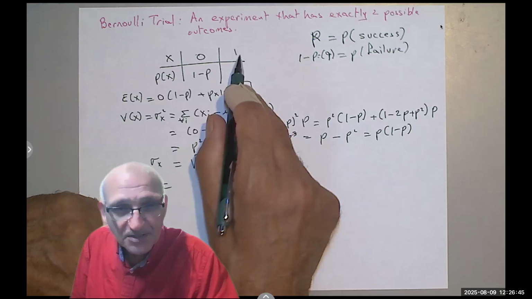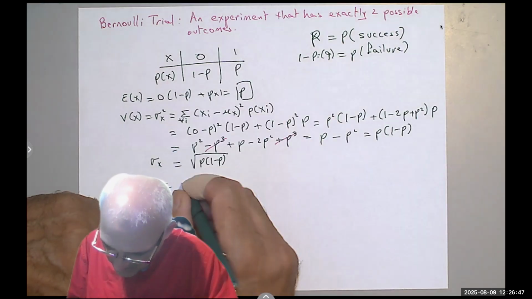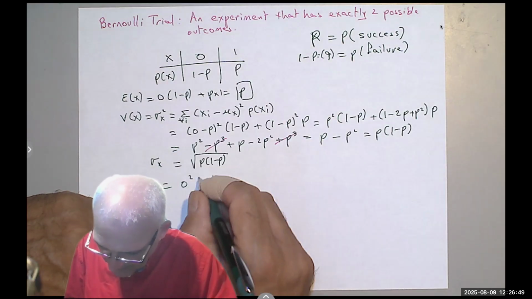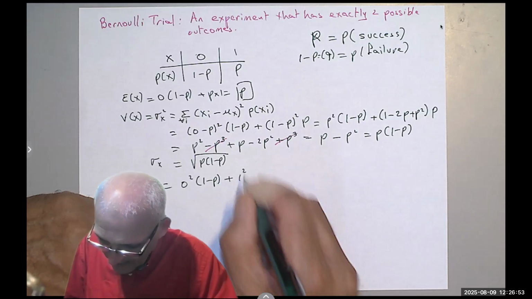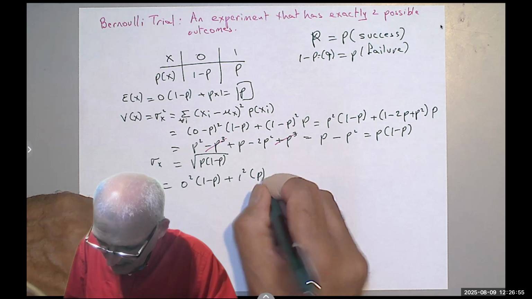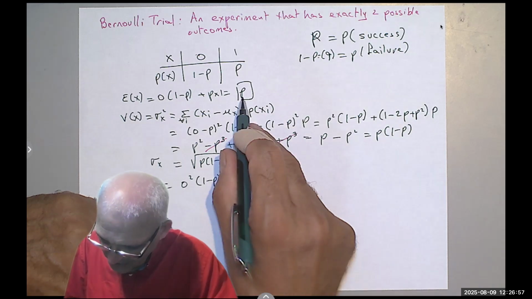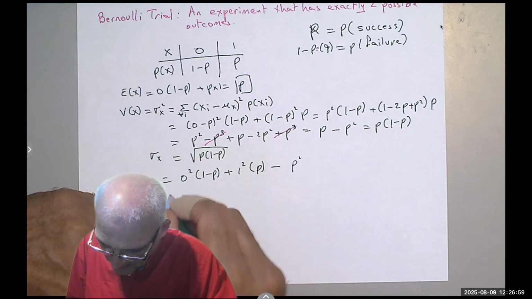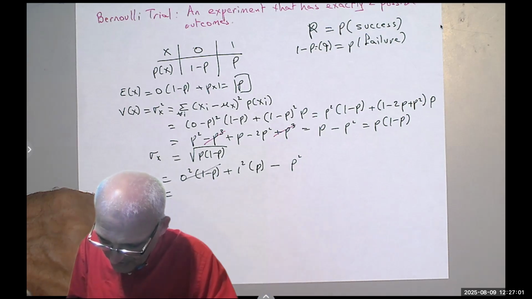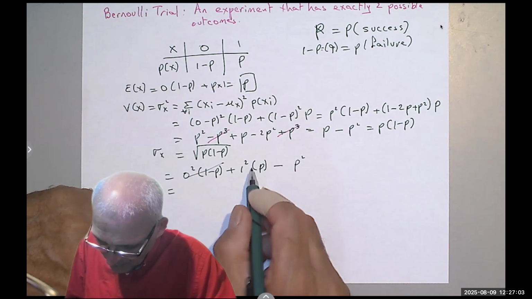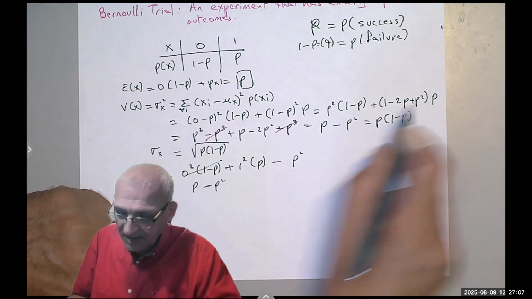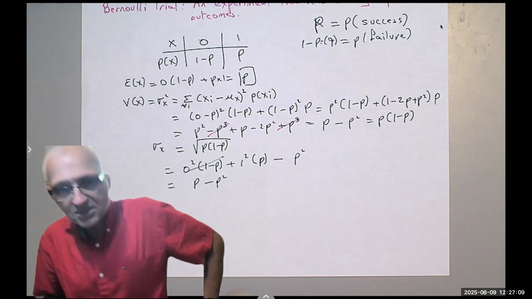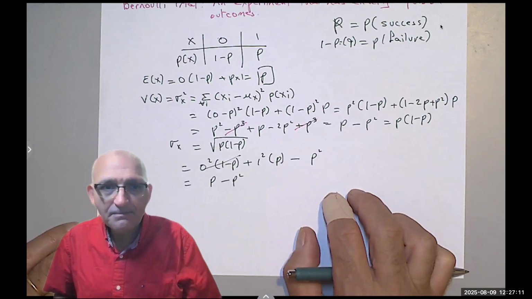If these numbers are integers, you can say 0 squared times 1 minus p plus 1 squared times p minus the mean squared. So here, of course, this will get to 0, and this 1 squared times p is p minus p squared, same result, but an easier, faster way.